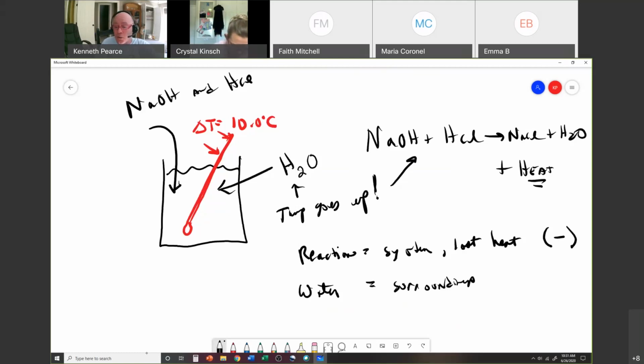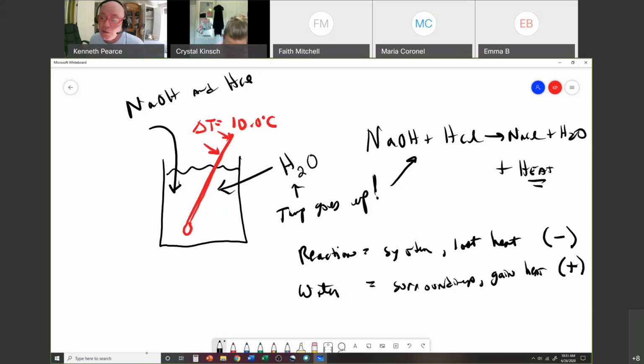The water, which was the surroundings, well, this should make sense at least for the water part. It had to gain heat. Why else would it increase in temperature? So the surroundings gained heat.